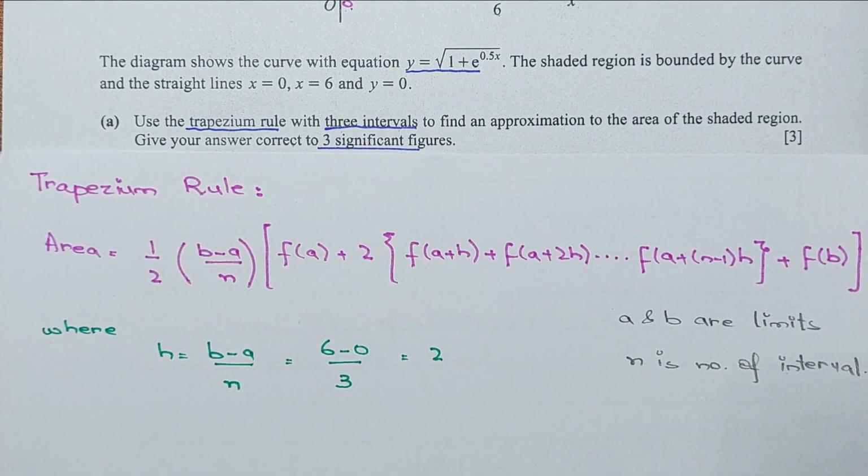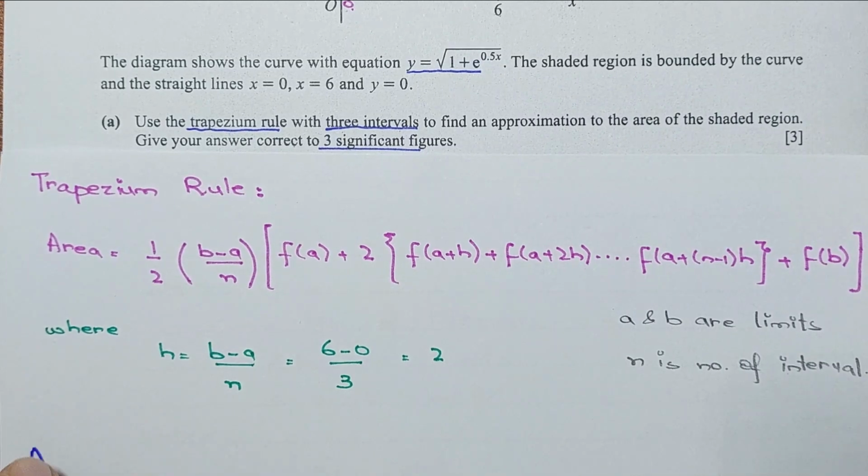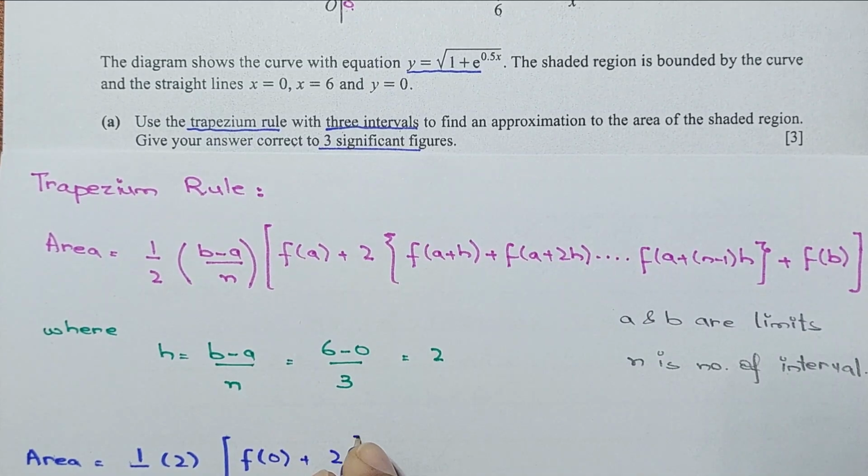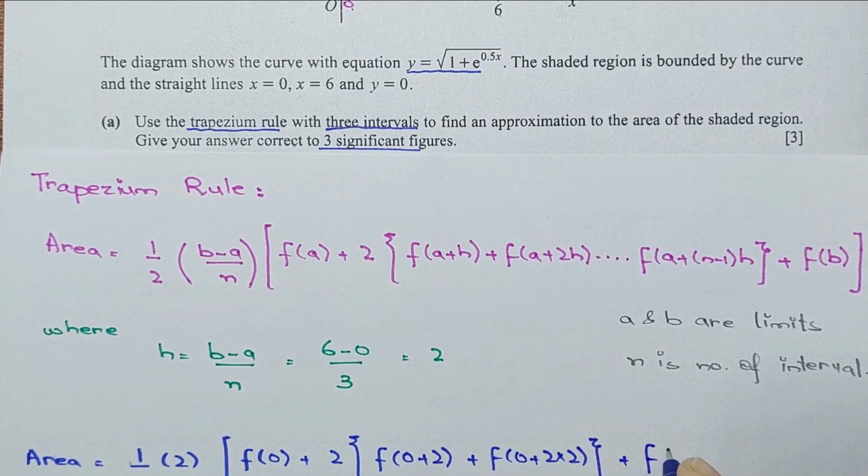Now in this case, the area is 1 by 2 into 2, times f of a, so we have to figure out the function value at 0, plus 2 times the function value at 0 plus h, which is 2, plus the function value at 0 plus 2h, which is 4, plus the function value at b, which is 6.